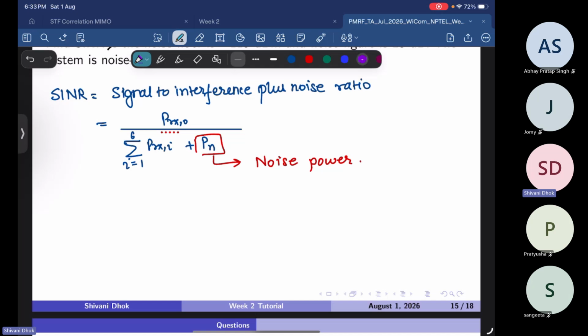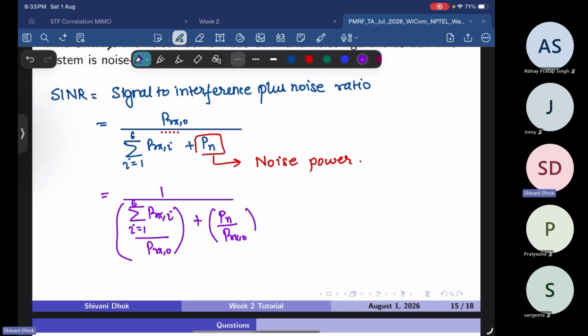Now if I manipulate this, so basically if I divide numerator and denominator with PRX 0, this comes out to be equal to 1 over summation i equal to 1 to 6 PRXi divided by PRX 0 plus Pn upon PRX 0.